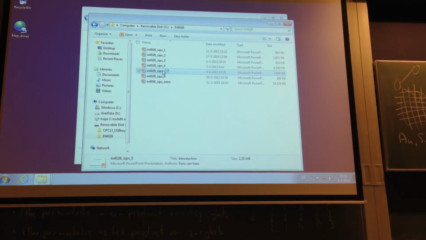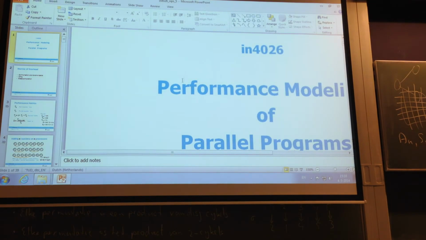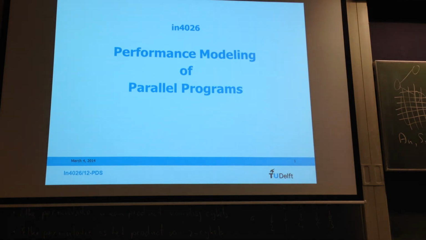So what I'm going to do next, we have a few minutes, so I'm not sure how far I can get, is to introduce you to the topic of performance modeling of parallel programs.